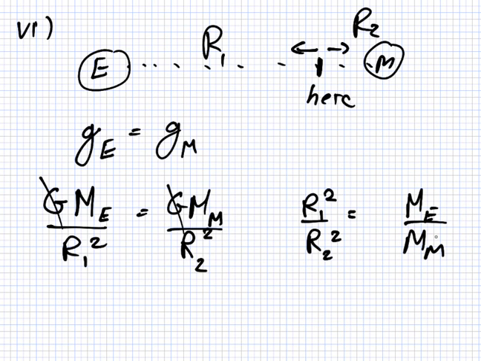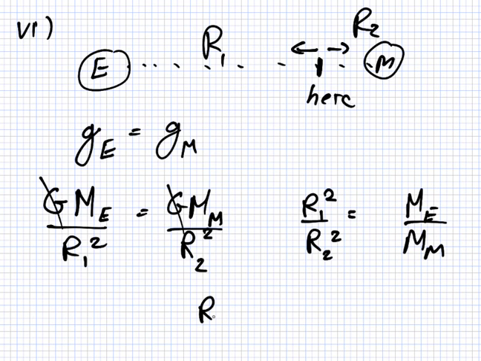What was the mass of the Earth? Can you give it back to me, please? 7.18 times 10 to the 22. Are you sure? Okay, and for the Moon it's... No, that's the mass of the Moon you just gave me. I wanted the Earth.